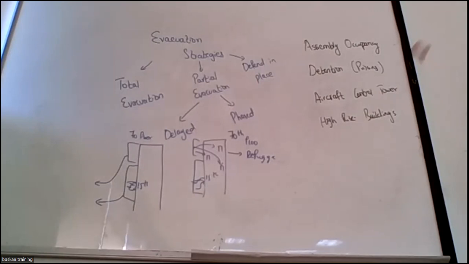Aircraft control tower. A person who is actually sitting there has multiple aircraft that he's handling, right? So what type of evacuation strategy will be designed for this type of occupancy?